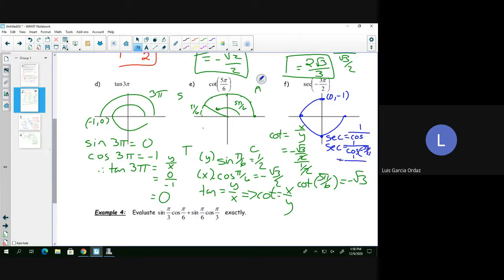And because cosine is our x value at the point 0 and negative 1, it is going to be 0, which means secant of negative 3 pi over 2 is going to be what? So what's any number divided by 0? That's not 0. It's going to be undefined.